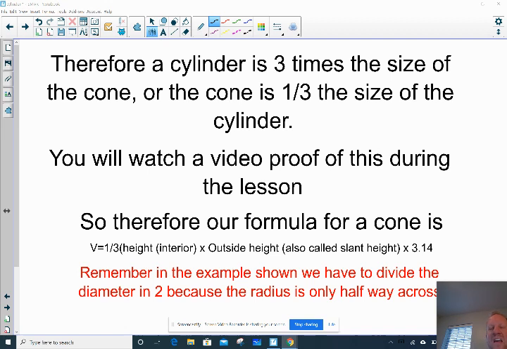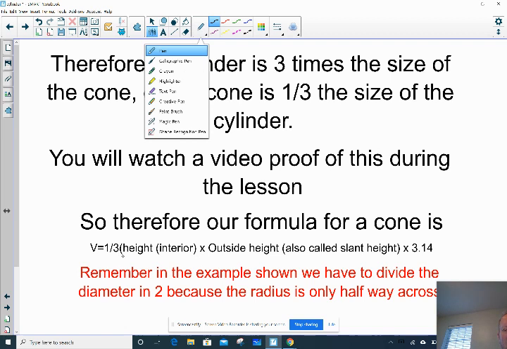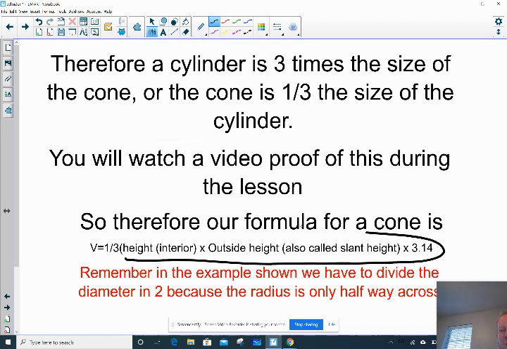So you're going to see how these actually relate extremely well. So therefore, our formula for a cone is the volume of the cylinder times 1/3.